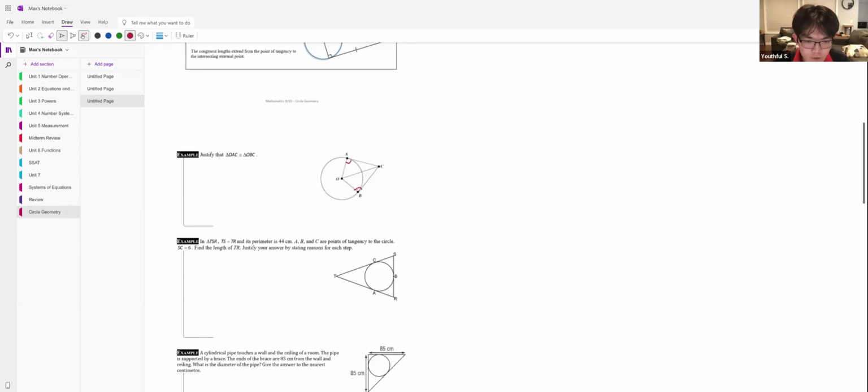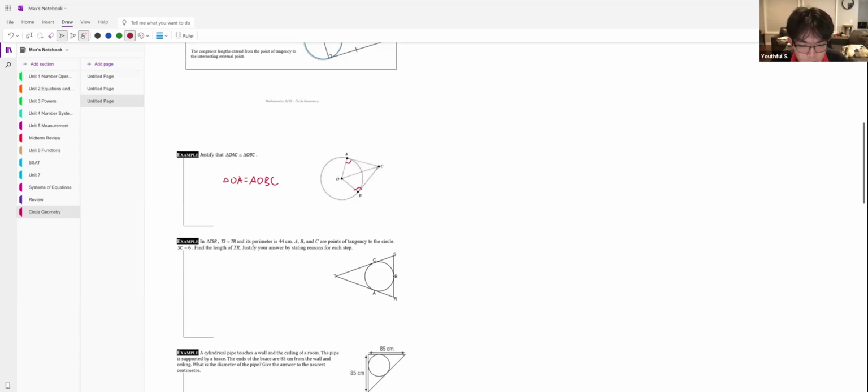We can prove this in two different ways. Number one, since these are tangents, these are automatically 90 degrees, since it goes from the radius to the point of tangency. And we know that angle OAC is equal to angle OBC.